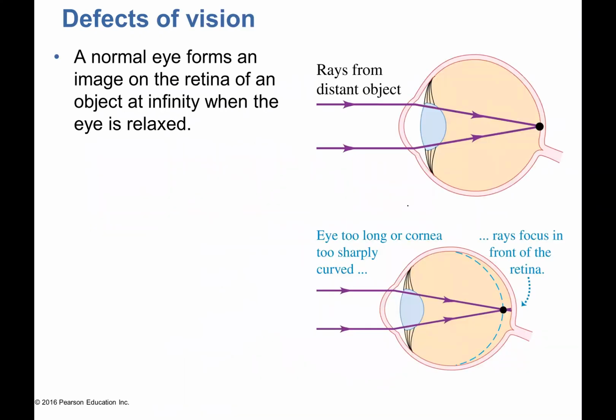So you can see, right? What you have is that a normal eye forms an image on the retina of an object at infinity. You can think of this part of the eye as a lens, okay? And it's kind of like a converging lens like that, because the light will be converged onto your retina, okay?